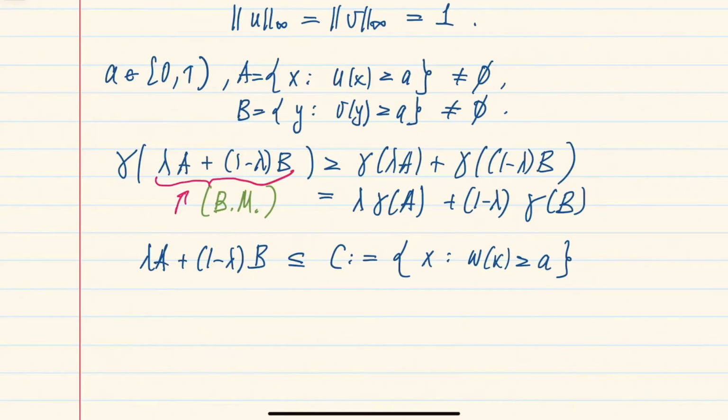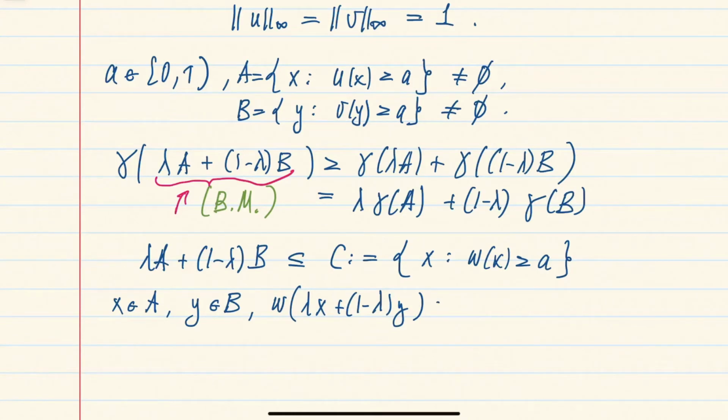Because if you take a point x in A, this just means that u of x is greater or equal than a. And then you take a point y in B, that means that v of y is greater or equal than a. And then if you take their convex combination, lambda x plus 1 minus lambda y, and you plug it into the function w, right?